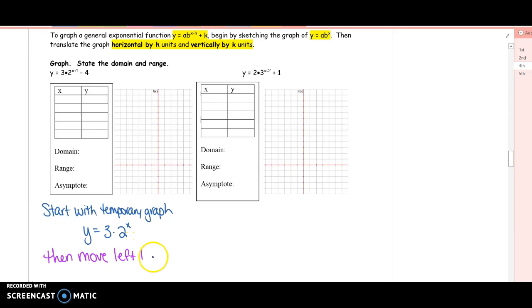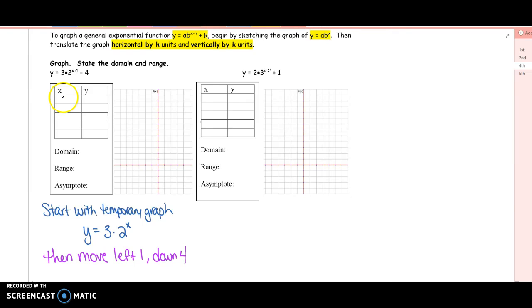Left 1 and down 4. And I will draw in the final points that have been moved left 1 and down 4. So we start with a temporary graph that doesn't have any translations, then we translate the graph, and that gives us our final graph.